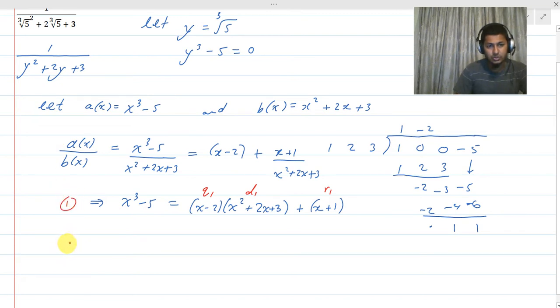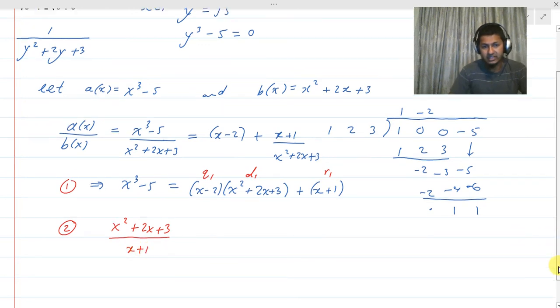Now step 2, we're going to take x squared plus 2x plus 3, and divide it by x plus 1. So I'm going to do it on the side again.